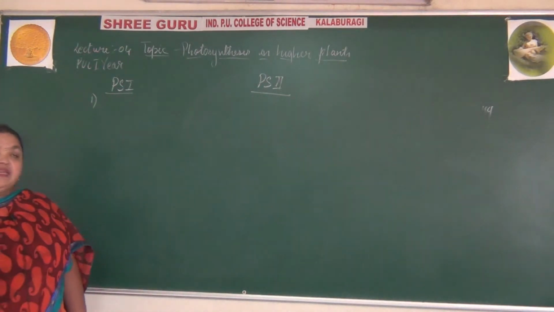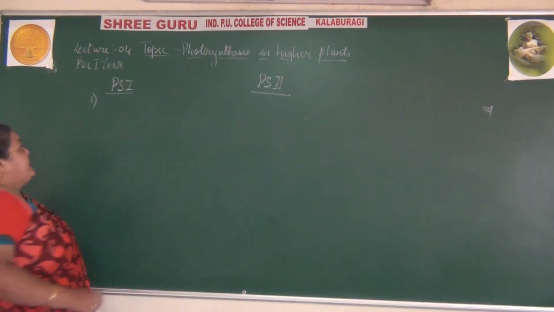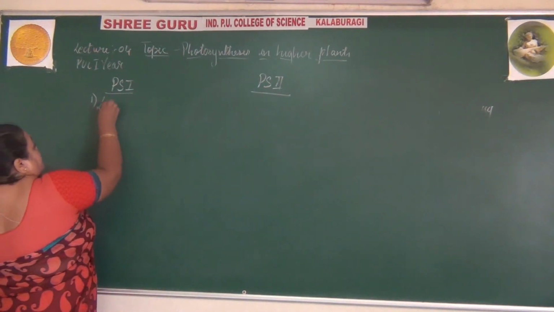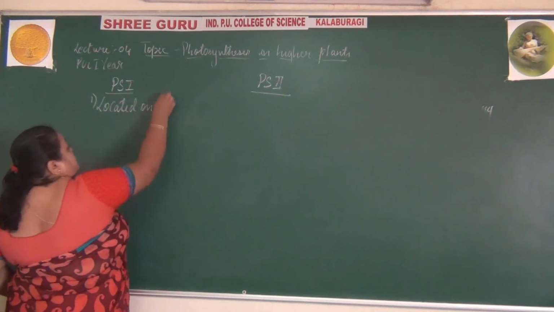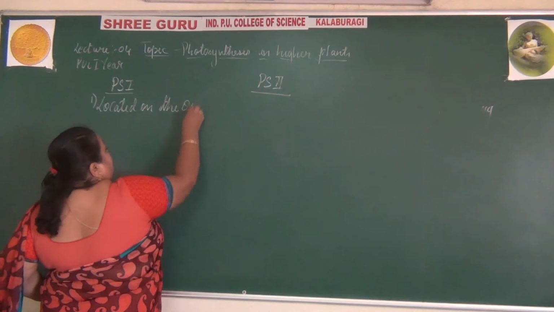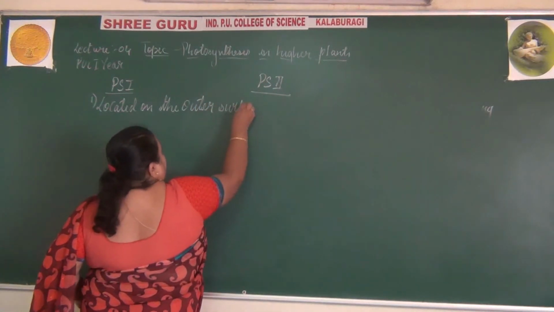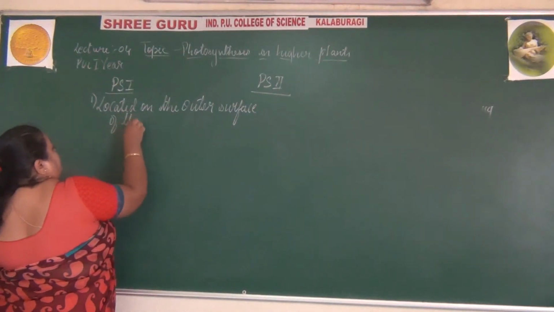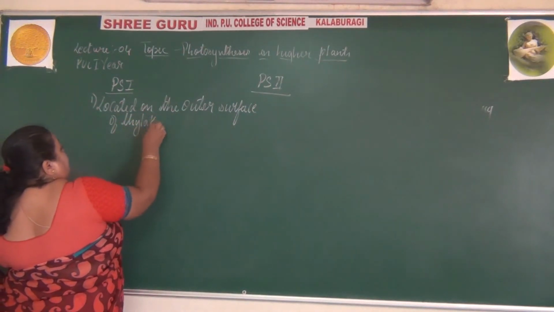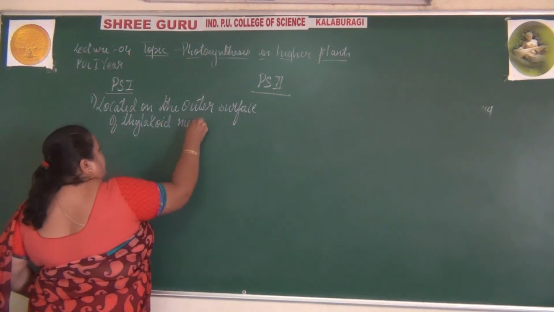So with this definition, we will try to understand the features of the photosystem with the differences. And here the location of the photosystem is, they are located on the outer surface of the thylakoid membrane.